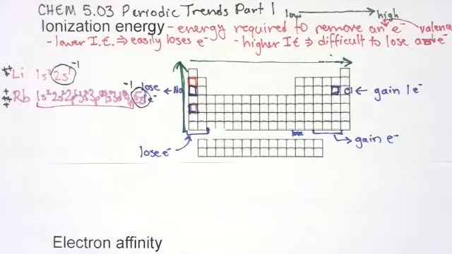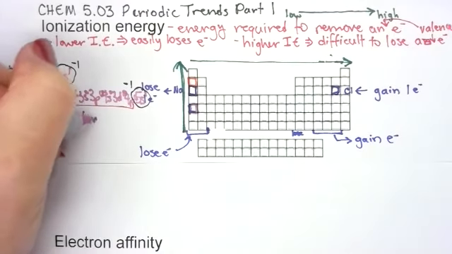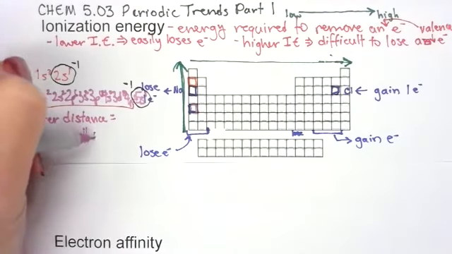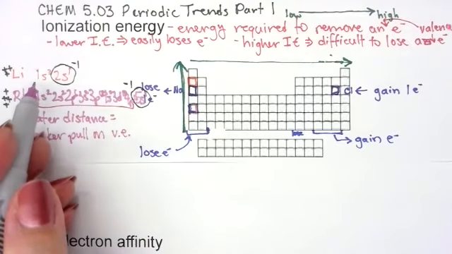So let's write a little something down about that. The greater the distance, the weaker the pull on the valence electrons. And remember, we abbreviate valence electrons as VE. The shorter the distance, the stronger the pull.